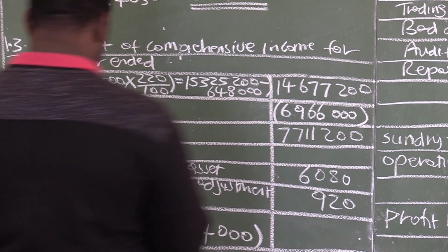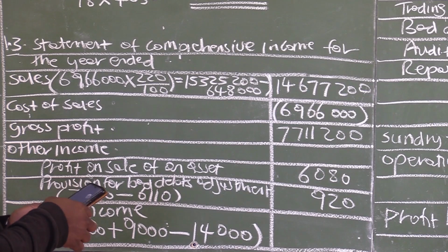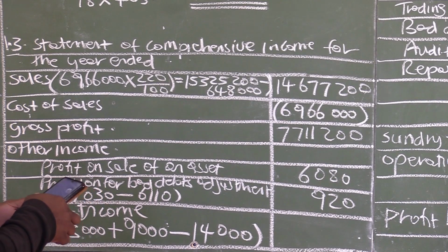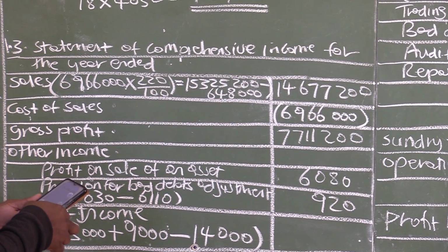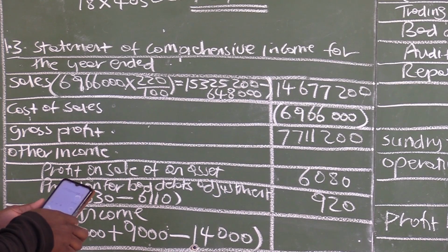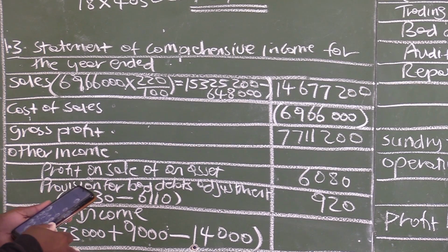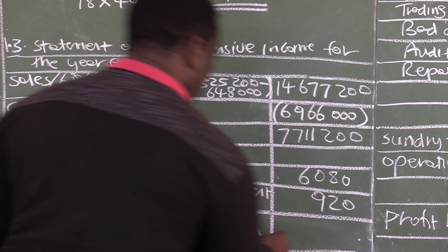So let's calculate the correct amount for rent now: 173,000 plus 9,000 minus 14,000 gives us 168,000.